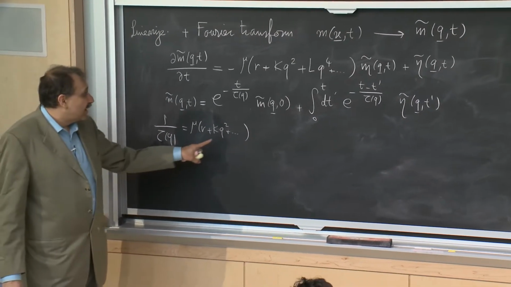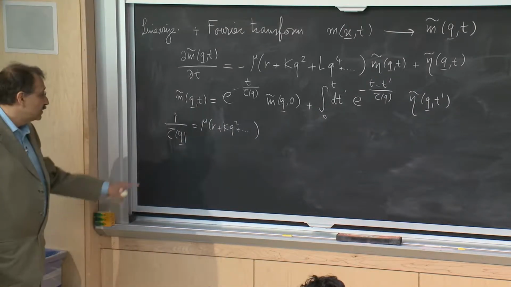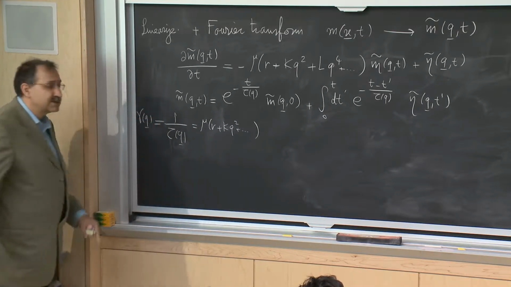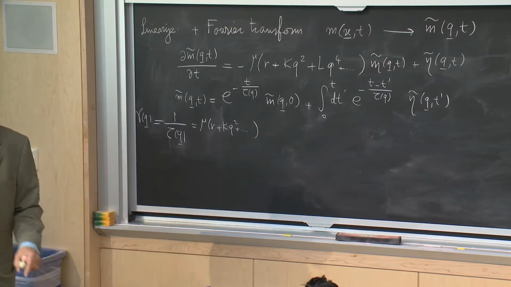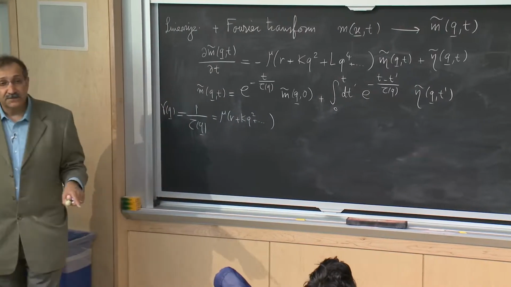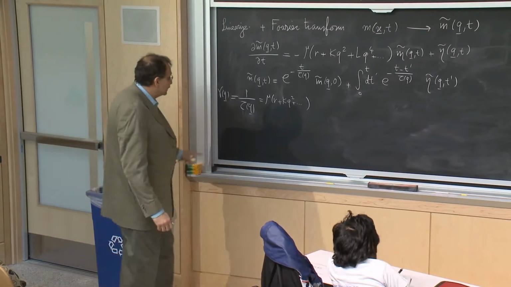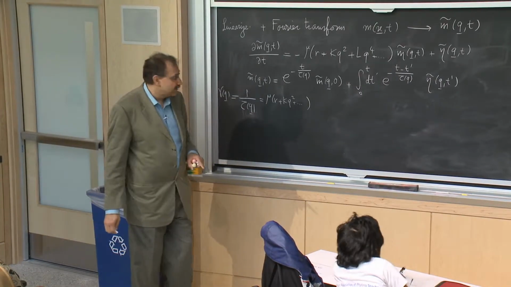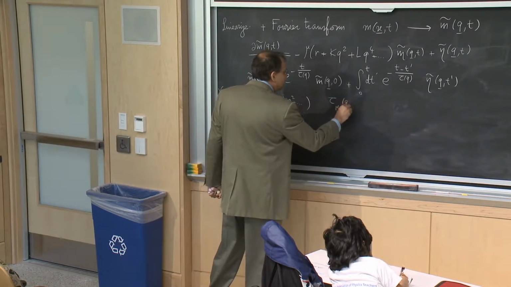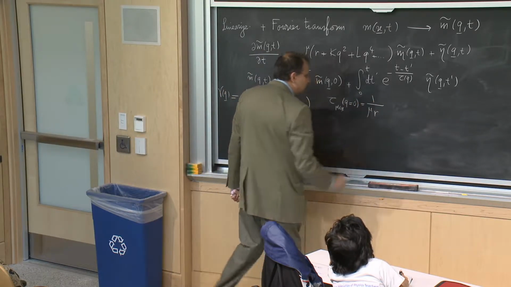As I go towards smaller and smaller values of q, this rate becomes smaller and the relaxation time becomes larger. So essentially, short wavelength modes that correspond to large q will relax first. Longer wavelength modes will relax later on. And you can see that the largest relaxation time, tau max, corresponds to q equals 0, and is simply 1 over mu r.